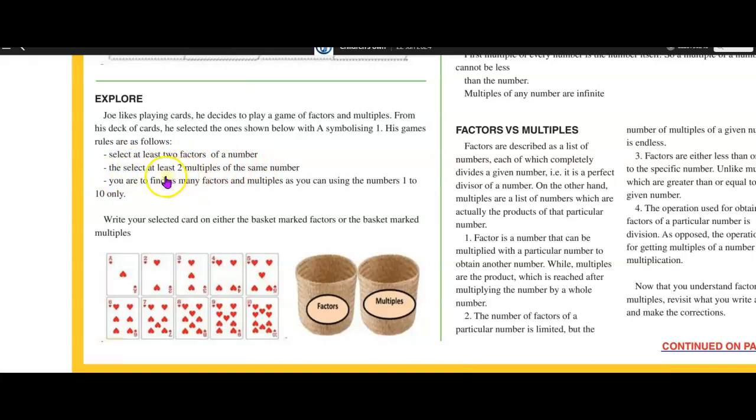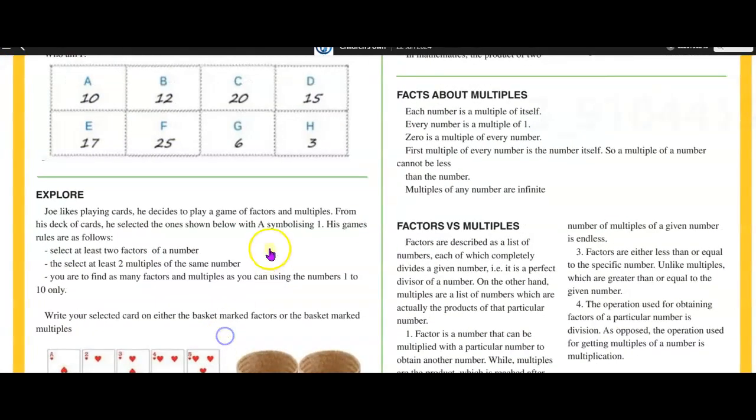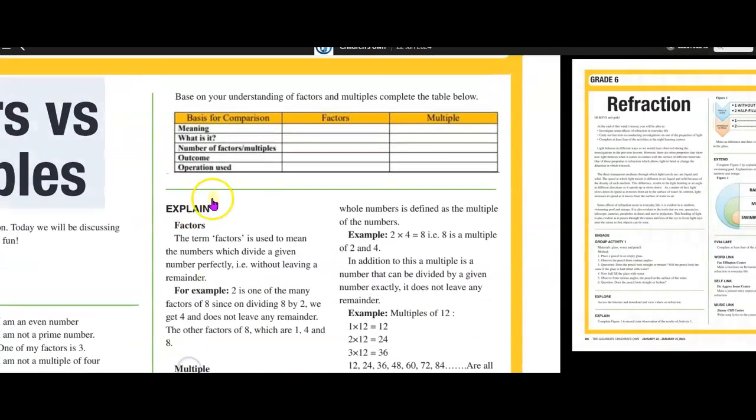Select at least 2 multiples of the same number. You are to find as many factors and multiples as you can using the numbers 1 to 10 only. Write your selected card on either the basket marked factors or the basket marked multiples. All right, you can play that game on your own.